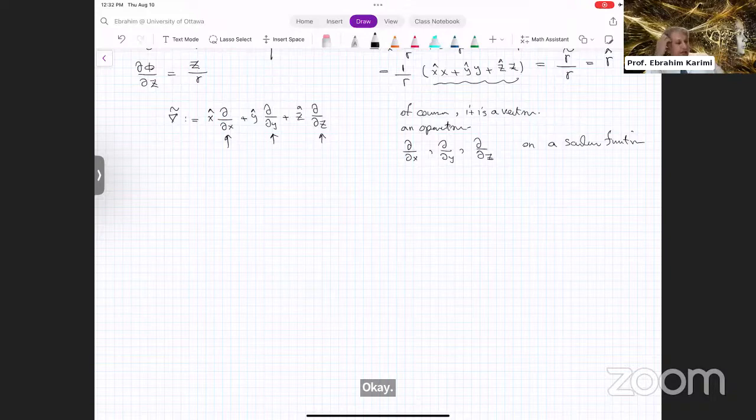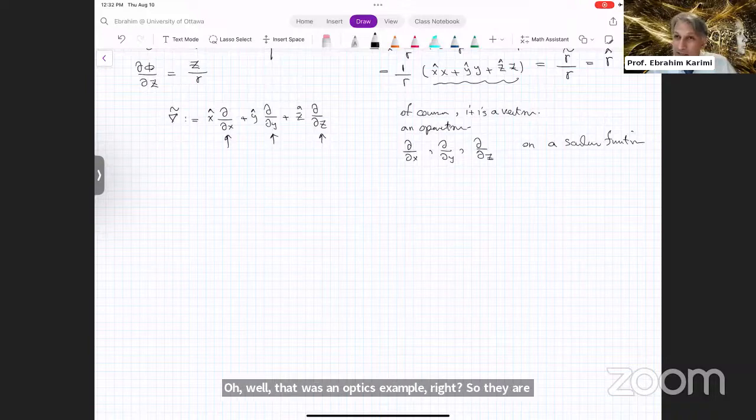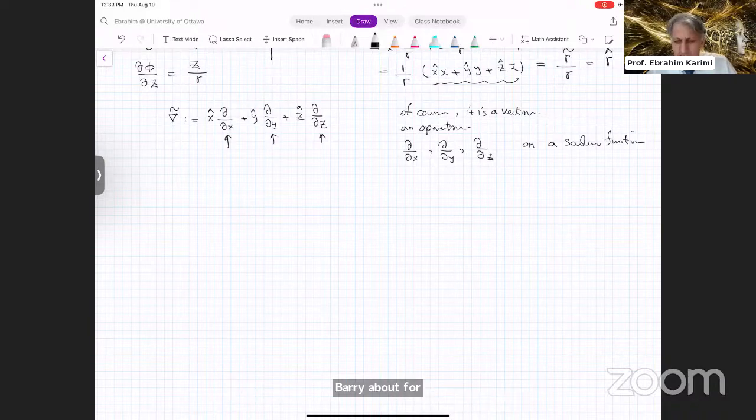Oh, that was an optics example, right? There is a beautiful paper by Sir Michael Berry about four momenta, if I remember the title well. If you have interest, you can go through this paper and learn more about the K vector or momentum of light.